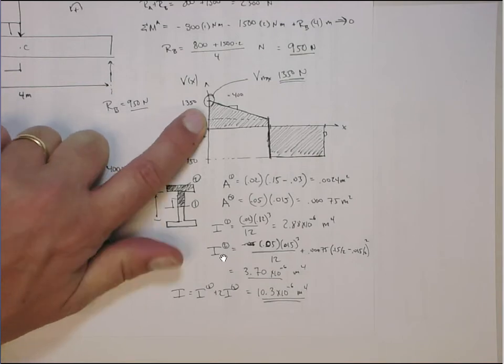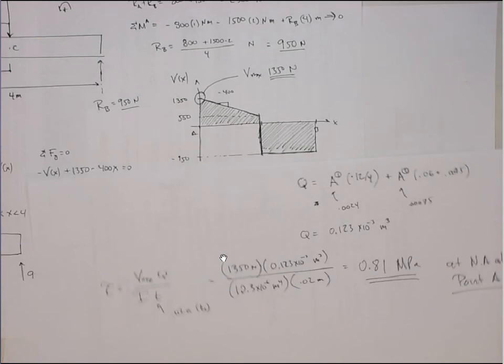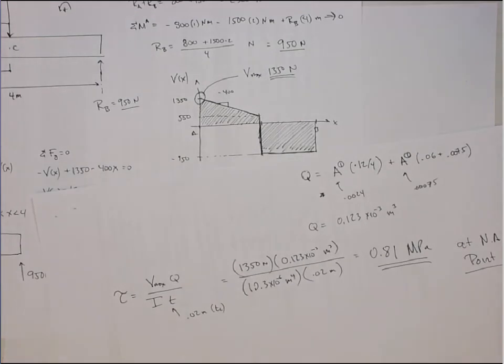And I can actually check the V at A and the V at B. So I know the V at B is negative 950 and the V at A is 1350. So let's check both those values. Granted, I don't use the V at point B in this problem because that turned out to be less than V at A. But you should check that it's still the same because there might be another problem where actually the B will be the critical one.